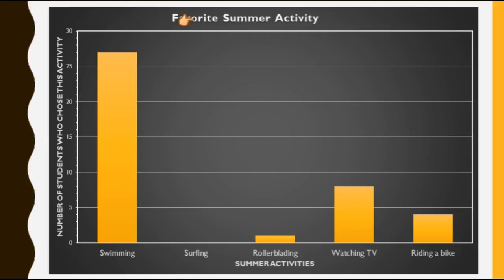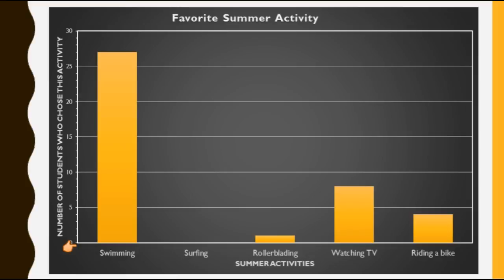For a bar graph, what you need is a graph title at the top. My title was Favorite Summer Activity. You're going to have a vertical axis over here, so you need a title for it, so these people understand what these numbers mean. The title says, number of students who chose this activity. And the numbers are going in 5 increments.